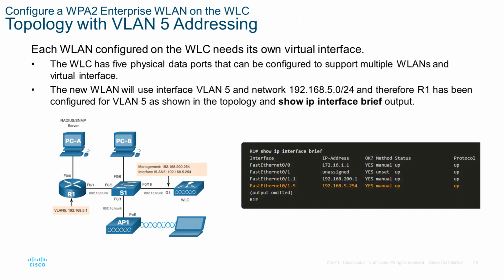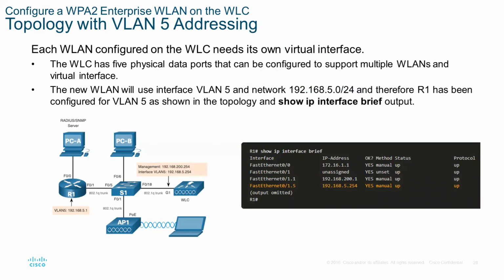Alright, now we start looking at our VLANs. So the wireless controller needs its own virtual interface, and it's got 5 virtual ports. So what we need is a VLAN from the router coming across to the wireless controller.